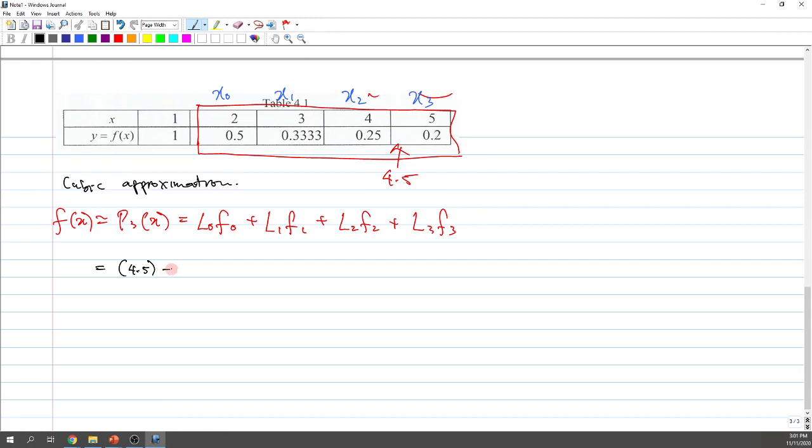4.5 minus, sorry, I made a mistake again.